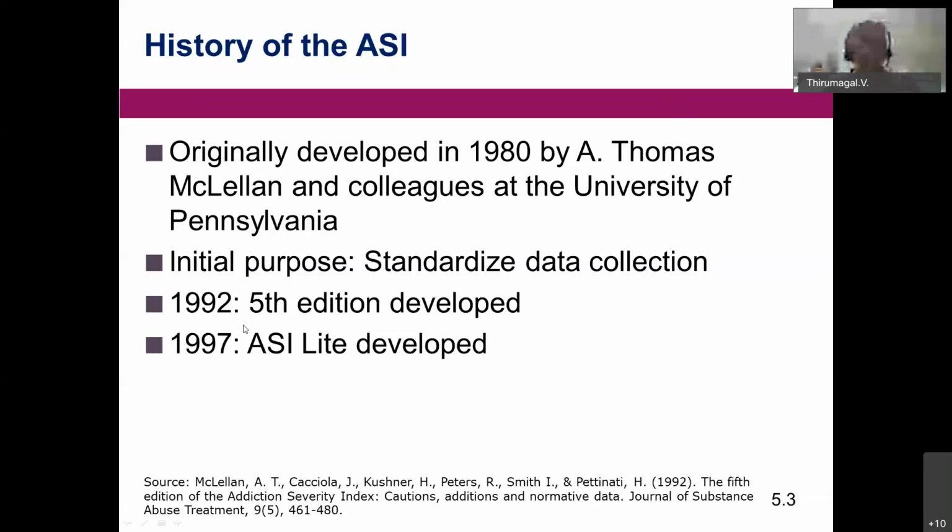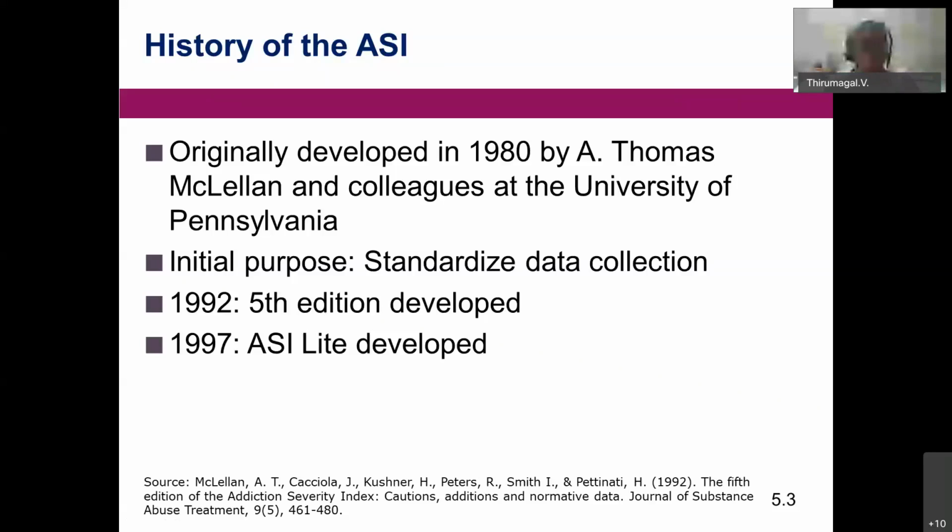Okay? So it gradually developed, and the latest edition is the 5th edition, which we will be using in our session. After that, UNODC developed something called the ASI Lite. It has about 20 or 22 questions, fewer than the 5th edition one.